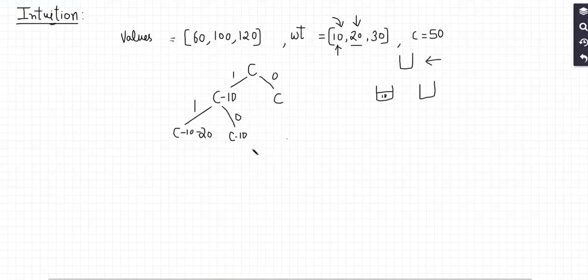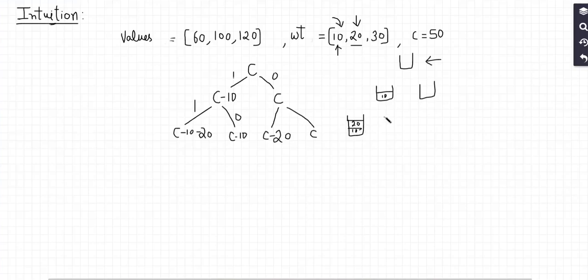Okay, then we do the same for this state. Here we take item number 2 into the knapsack, so that will give me C minus 20, and here we do not take it into the knapsack. That gives me this. So now we have 4 states here. We have item number 1 and item number 2 in the bag. The first item has weight 10, the second item has weight 20.